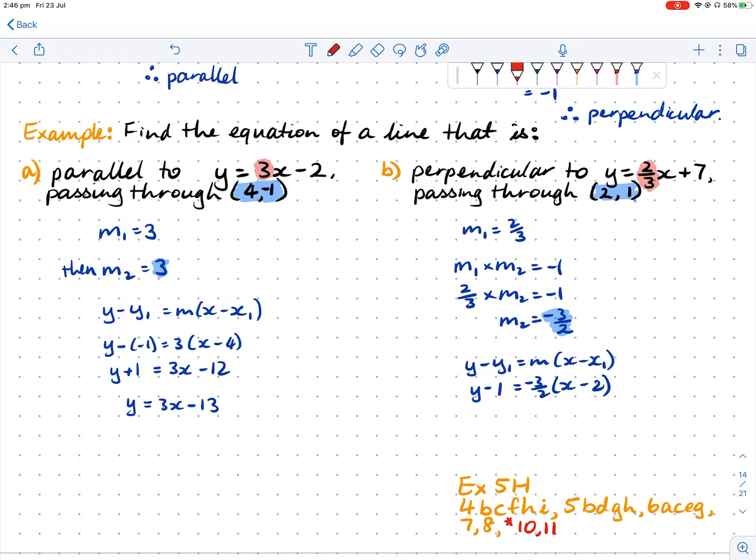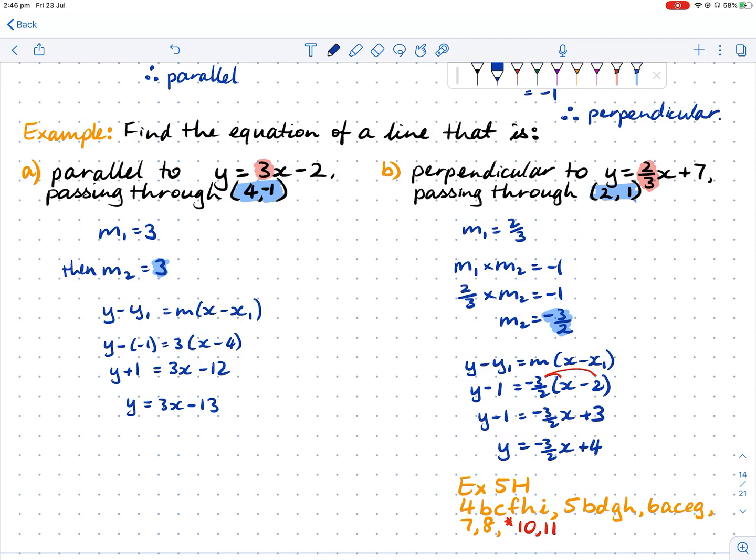What I'm going to do with this is expand the fraction into the bracket. So y minus 1 is -3/2x plus 3, and then I can add the 1 across. So y is -3/2x plus 4. And that's going to be your final answer.